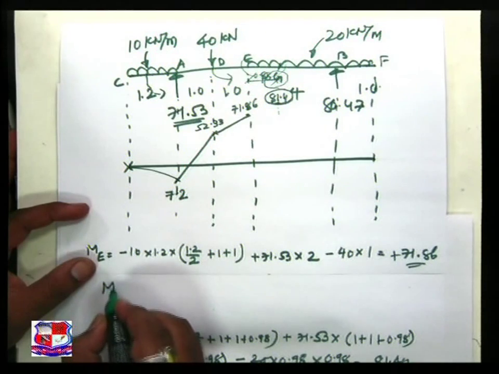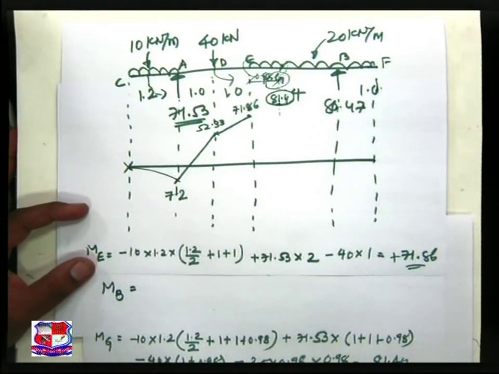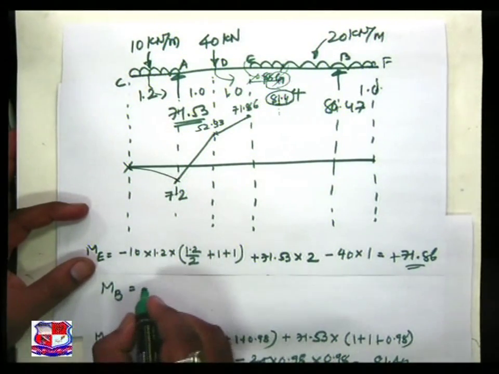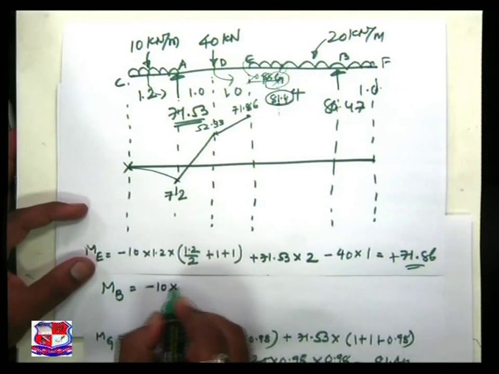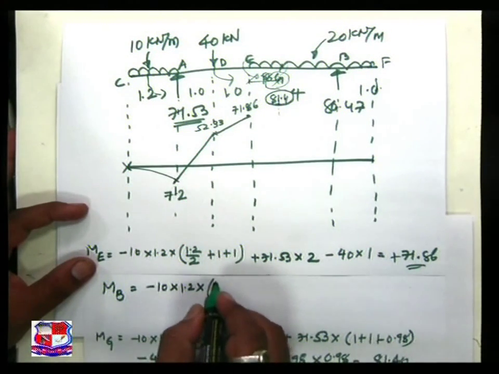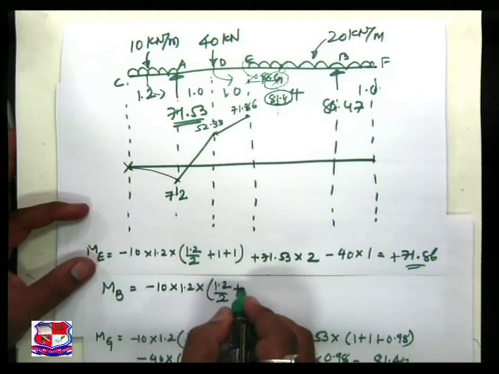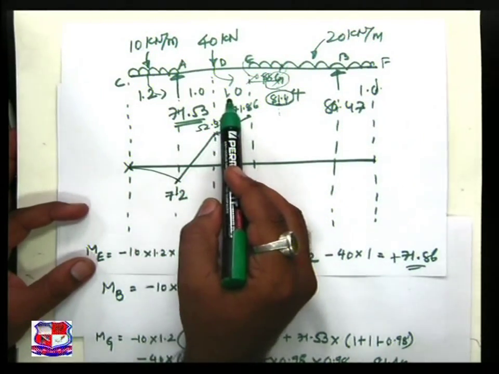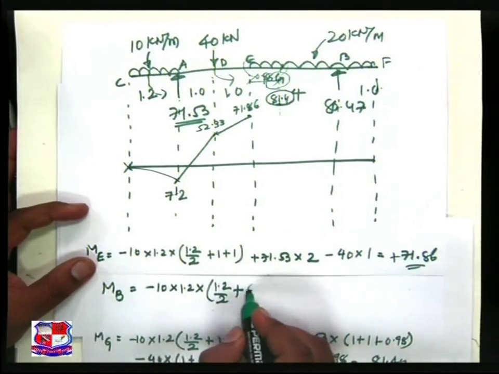So MB is equal to minus 10 into 1.2 into 1.2 by 2 plus 1 plus 1, 2, 2 plus 4, 6.